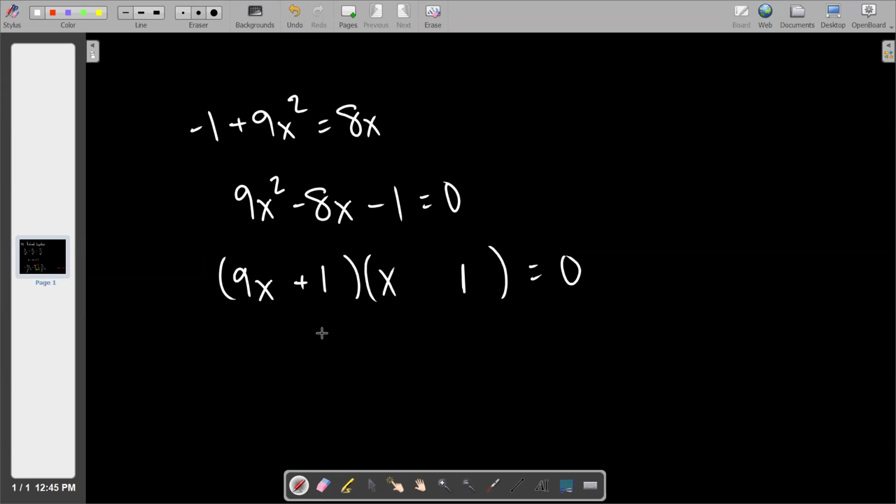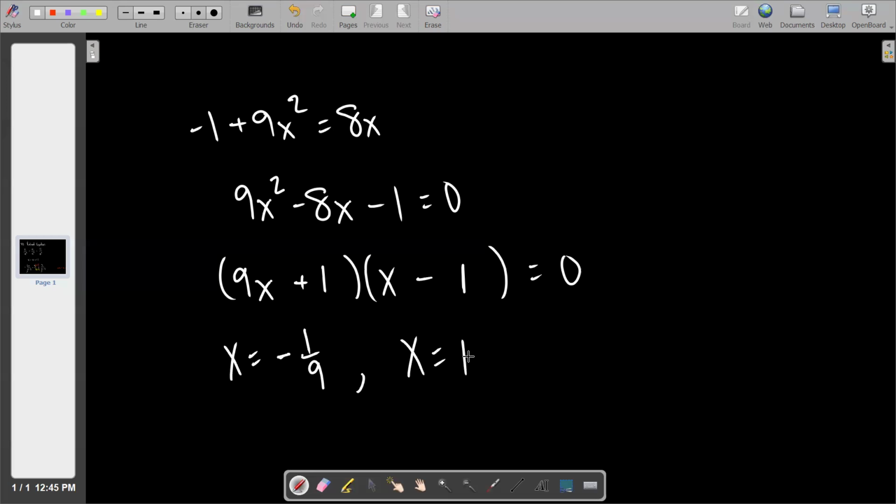For sure, we want like this and like this because we want to give a lot of weight to the 9x to make it weigh us down to the -8 in the middle. So these are our two factors, and our solutions then are what? It is -1/9, and our other one is x equals +1.